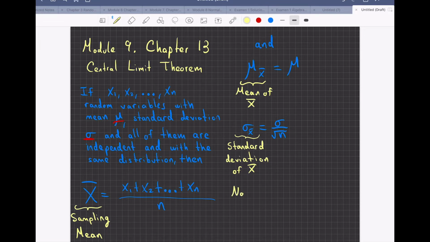One important note here. The sampling mean, capital X bar, is a random variable. Do not confuse it with lowercase x bar, which is only the mean of a sample.